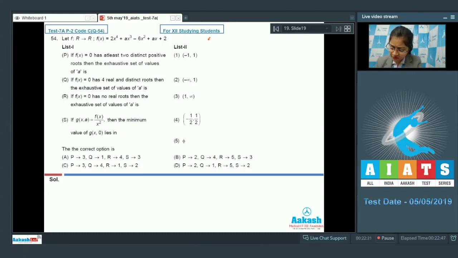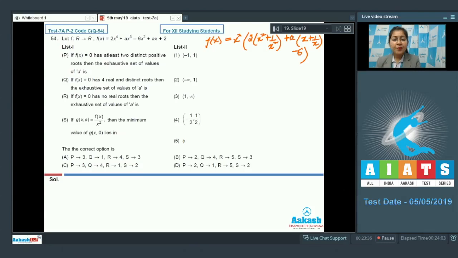See, the given function f(x) can be written, if we multiply and divide by x square, as x^2 multiplied with 2 times (x^2 + 1/x^2) + a times (x + 1/x) - 6.